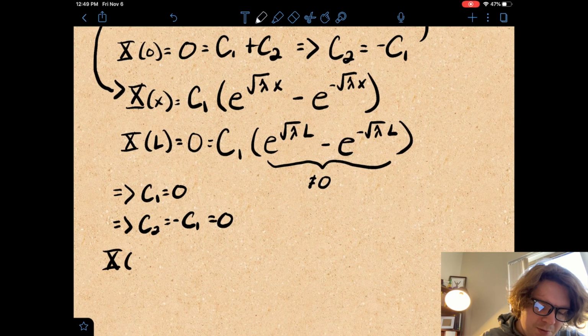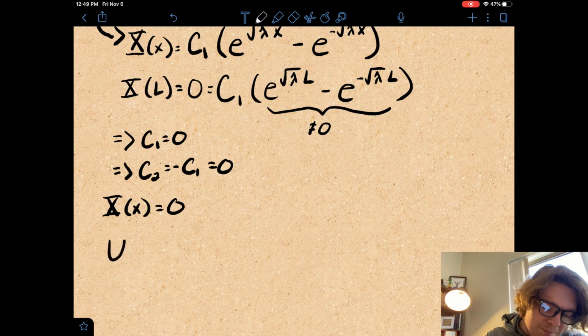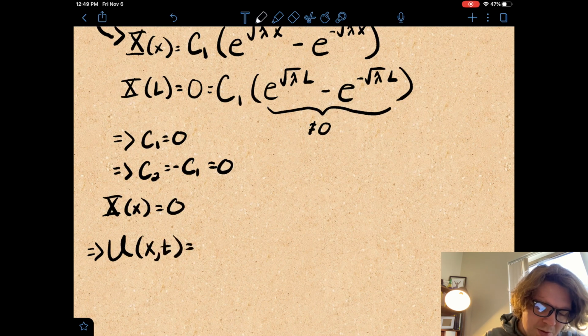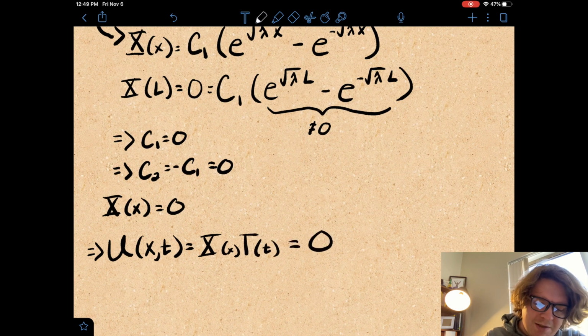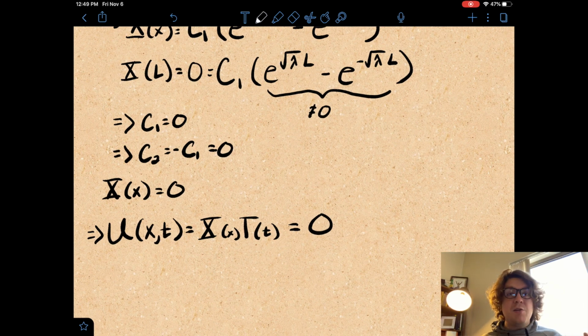So that means the solution to the differential equation in x is just the 0 function, which in and of itself isn't a problem. But remember, this is going to imply that u, the solution to the heat equation, which is a function of x times a function of t, is just going to be 0, since X of x is equal to 0. And there's no way for this to satisfy the initial heat distribution throughout the length of the rod.